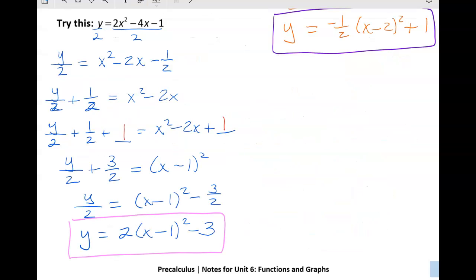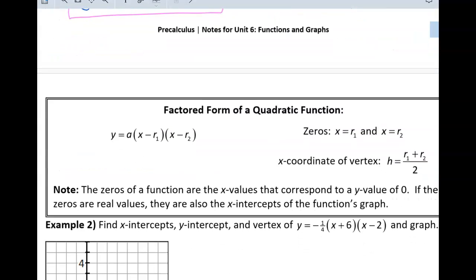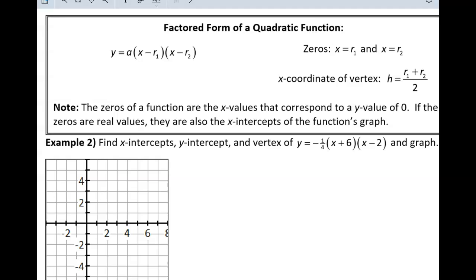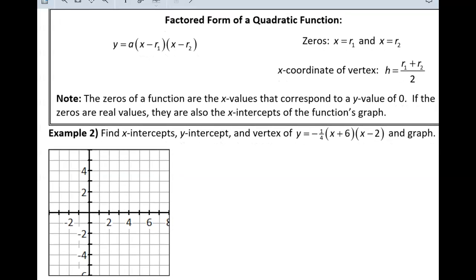All right, there's the vertex form. Now let's move on to the factored form. The factored form of a quadratic equation tells us where the zeros, or the x-intercepts, of the parabola are.